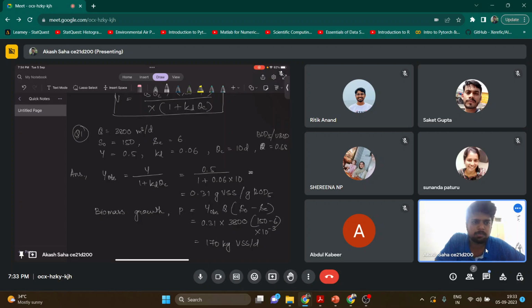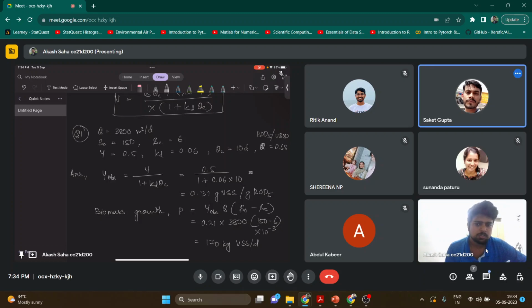Is there any problem understanding this? Sir, why do we write VSS here? See, biomass is always in terms of VSS, right? Whenever we define biomass, it is mostly or rather always in terms of volatile suspended solids.